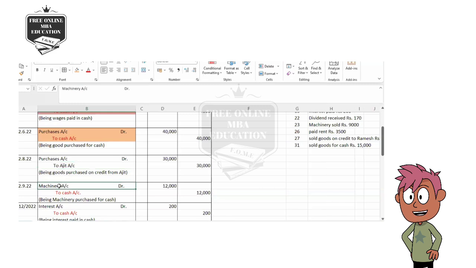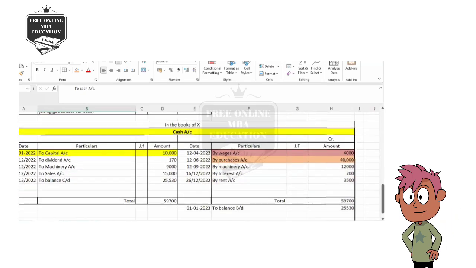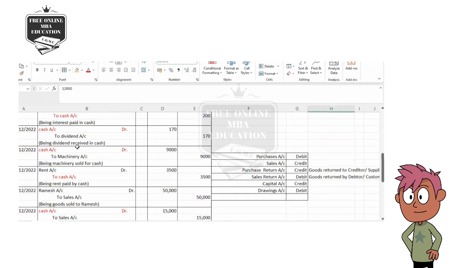Machinery account to cash. Again, machinery we have purchased and we have paid the cash. So on the credit side of cash account would appear here machinery. Oh, I did not mark it with some specific color.